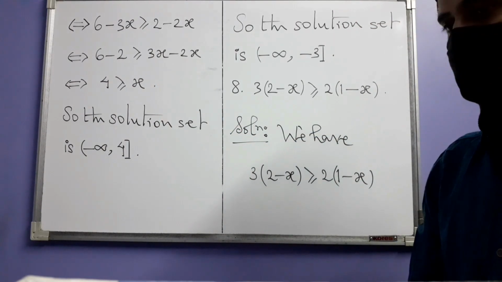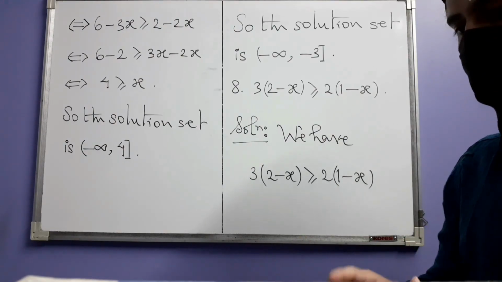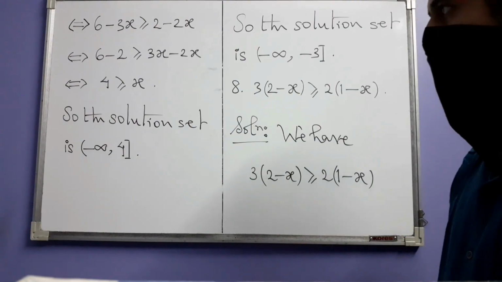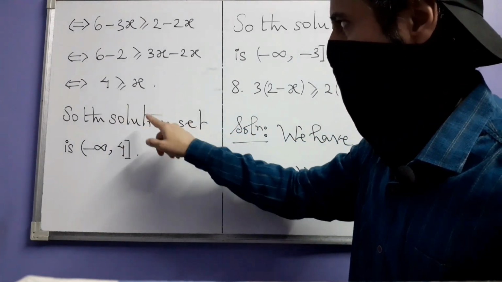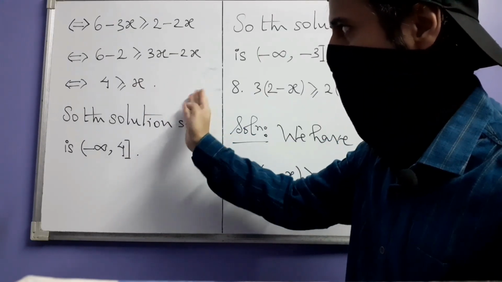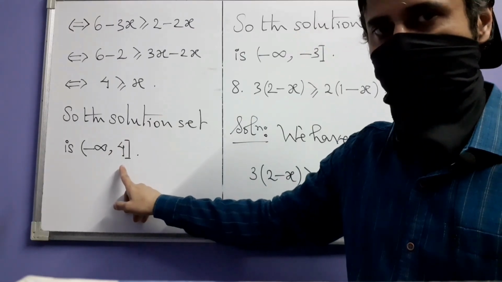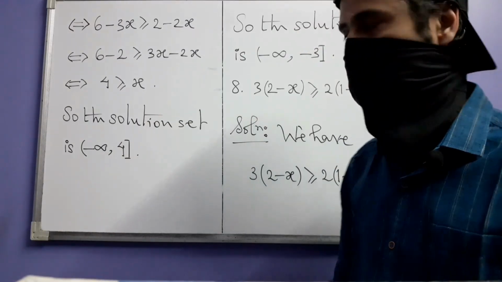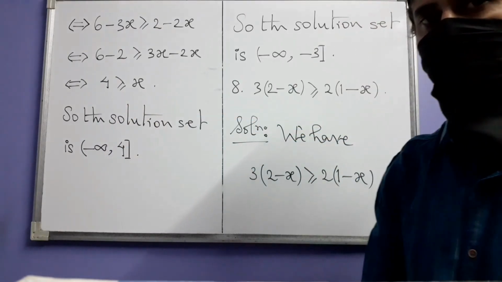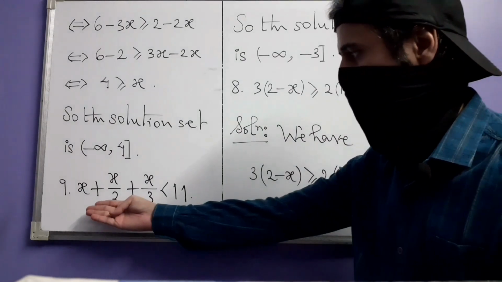So actually that would not really have served any purpose other than just adding an unnecessary step to your calculation, that is multiplying by minus 1. So the solution set consists of, again be careful, all real numbers less than or equal to 4. That means this interval, all real numbers less than or equal to 4, because the equality option is available, so the interval is closed on this side. 4 is also included.